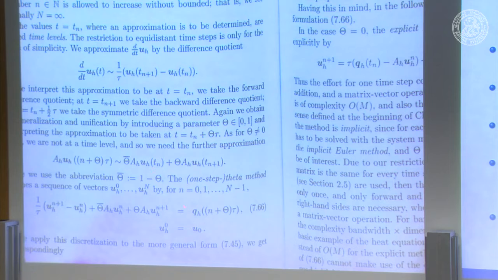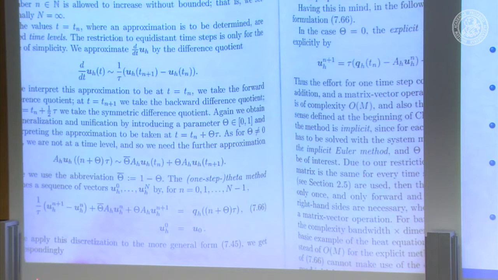That means the one-step theta method says compute a sequence of vectors u^0, u^1, and so on, up to capital N, such that they fulfill the following. The first vector corresponds to the discrete initial data of the set of ordinary differential equations.